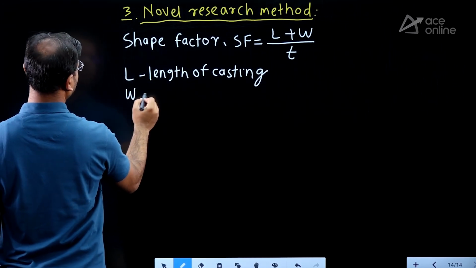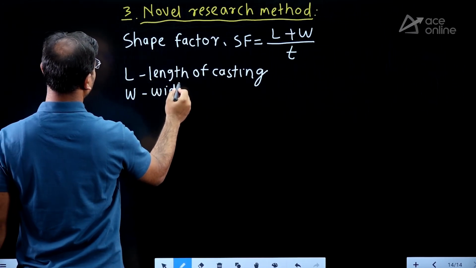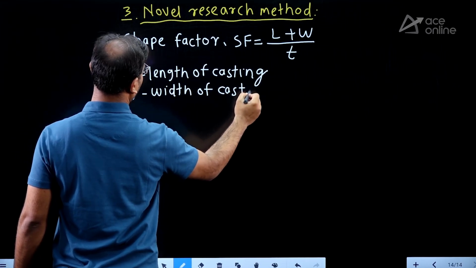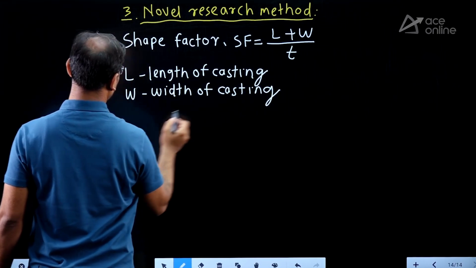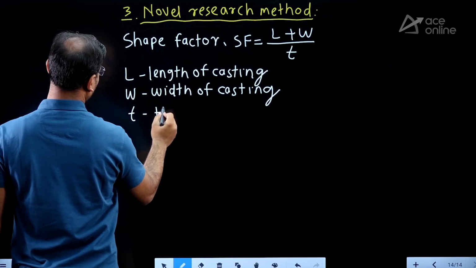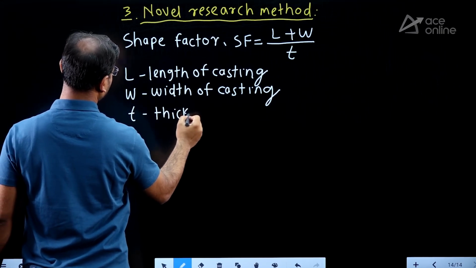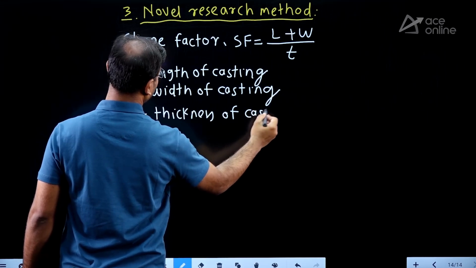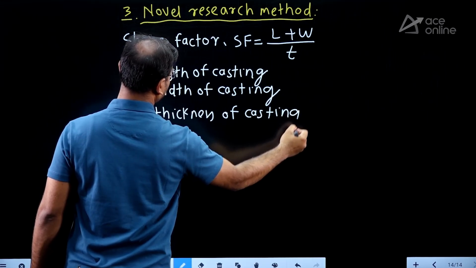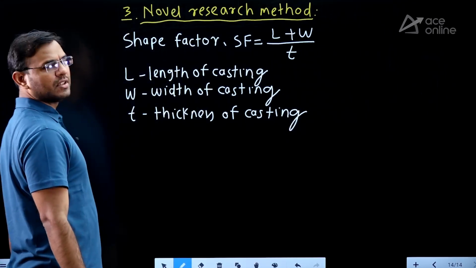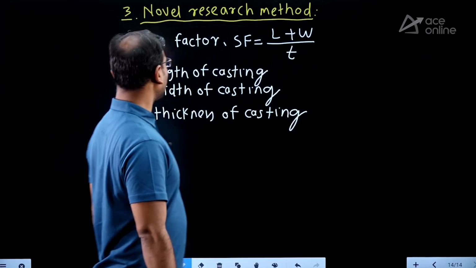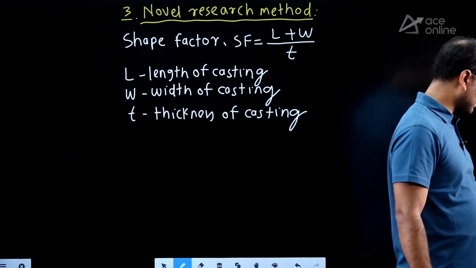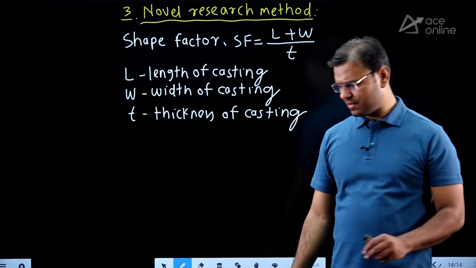W is width of casting. Small t is thickness of casting. This is the shape factor, and according to the shape of the casting we can calculate the values.